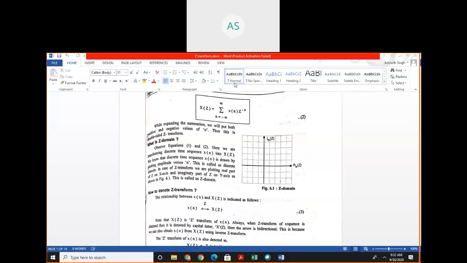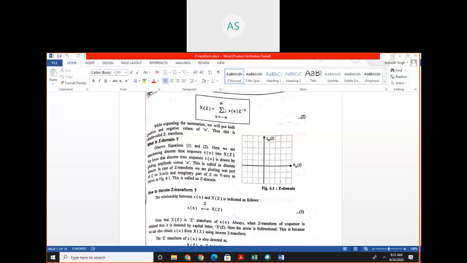There are some similarities between the Z transform and the Laplace transform. This is the formula for the Z transform: X of z is equal to summation, n from minus infinity to infinity, x of n z raised to the power minus n. This is the formula for transforming x of n into the Z domain. If we replace z by s, we get X of s, the Laplace transform.